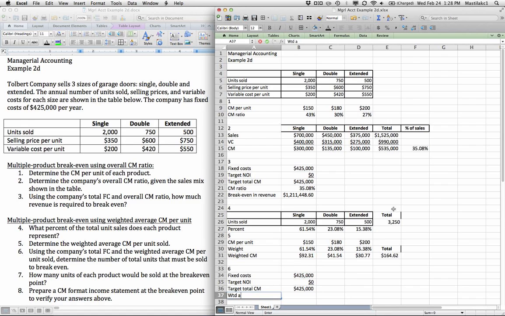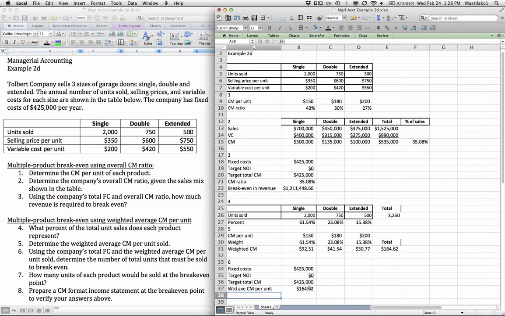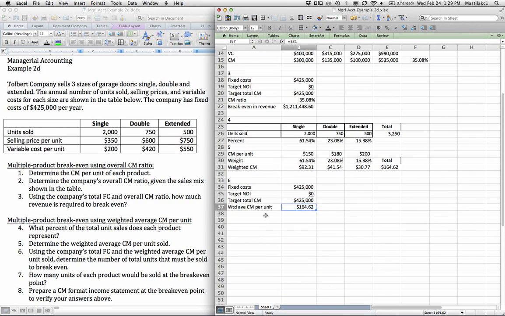Except instead of using the overall weighted average CM ratio, we're going to use the overall weighted average CM per unit. And what we're going to say here is, on average, the units we sell give us $164 of contribution margin. So how many of those hypothetical units do we have to sell?